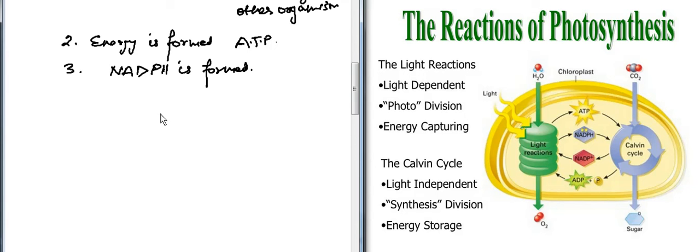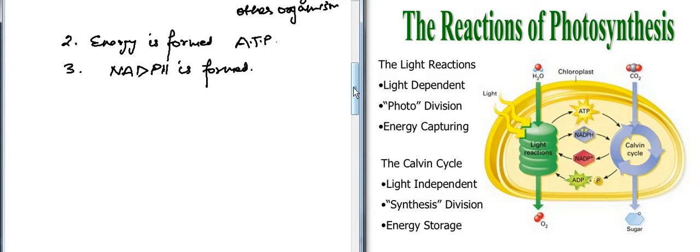So we are seeing that in this part energy is stored. Simply, in the light reaction, the first main part is photolysis, by which oxygen is coming out. The second main thing happening here is energy storage. So energy is stored in two forms, that is ATP and NADPH. These two will again go for the dark reaction.